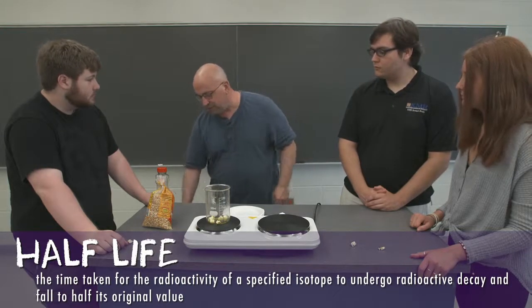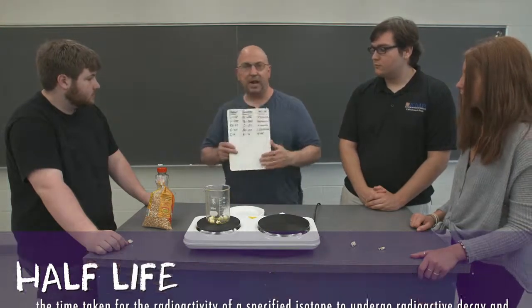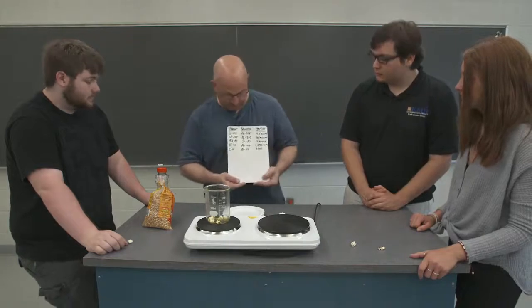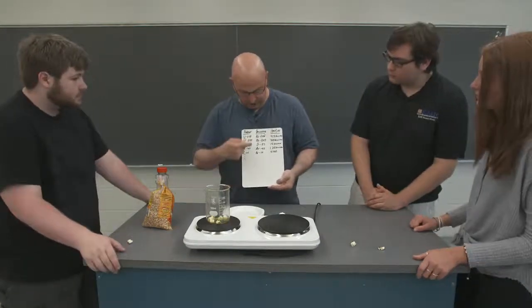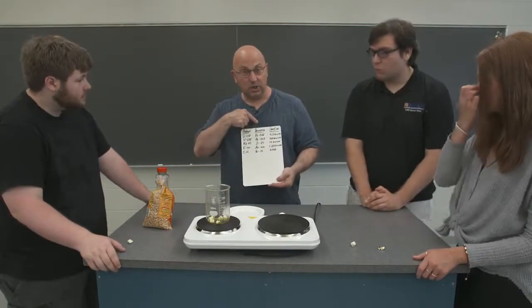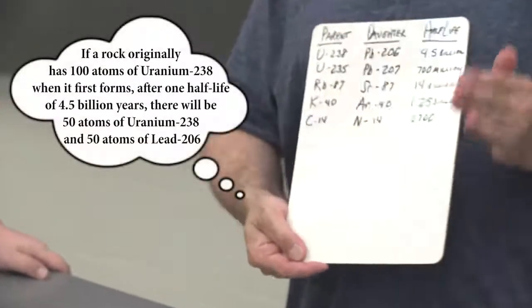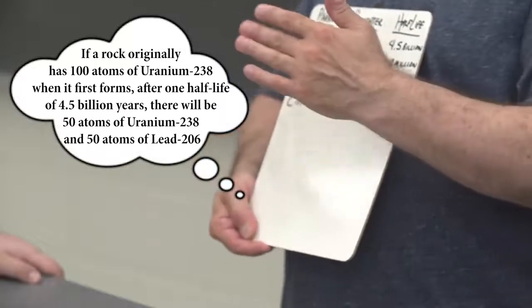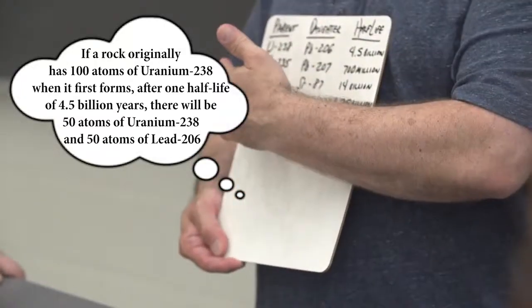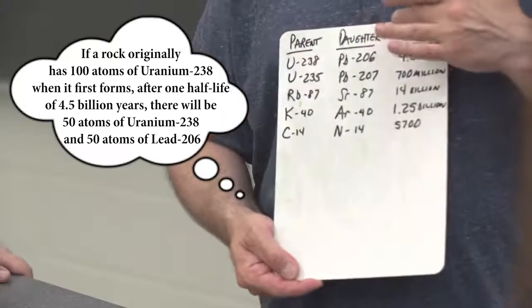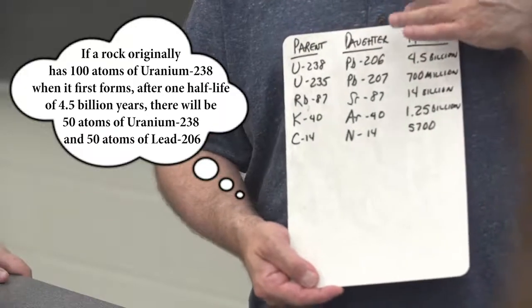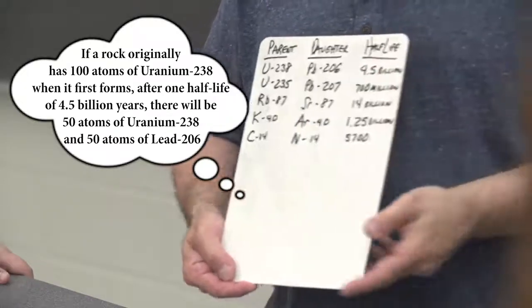But we know that some parent isotopes change into the stable daughter isotopes in a certain amount of time. Half of them will change, half of the parents will change or decay into the stable daughter isotope in a certain amount of time.